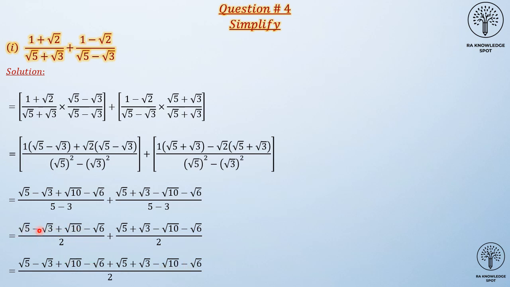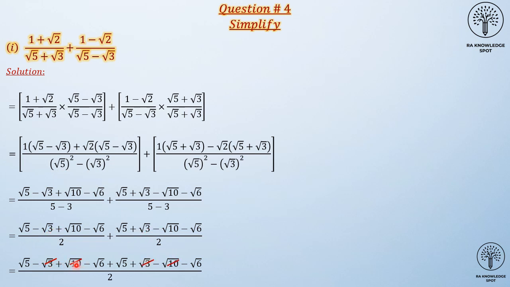We simply take a kind of LCM, we write 2 here, and all the rest of the terms in the numerator will be as it is with the positive sign. Thanks to God that you are having a positive sign. If you are having a negative sign, what will happen? You have to change all the signs. But right now, because there's a positive sign, no more change in the sign, everything will be as it is. Nothing we have to do.